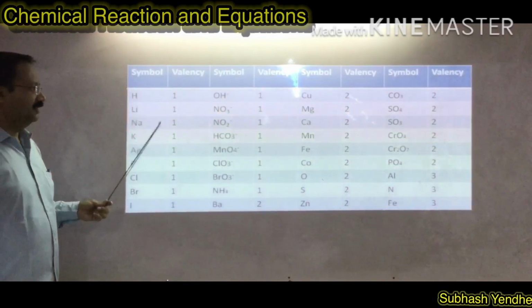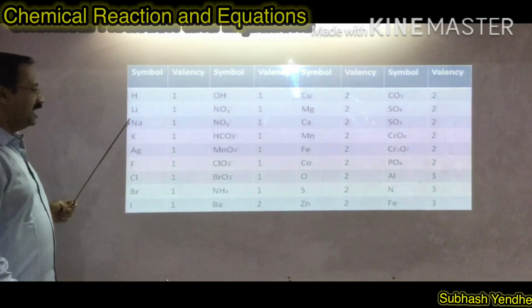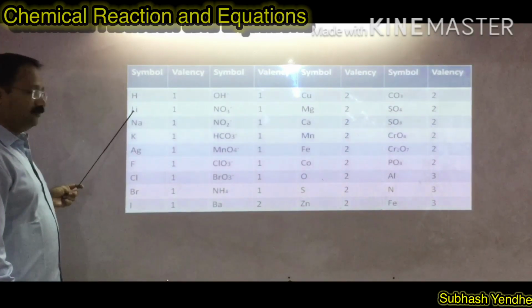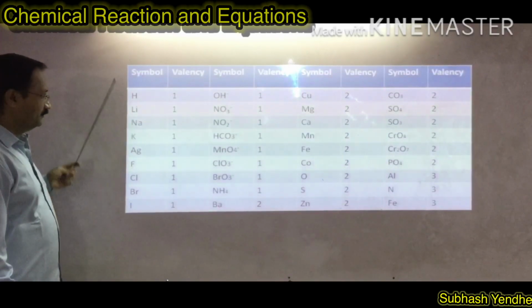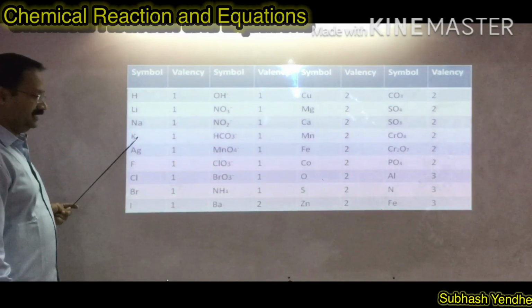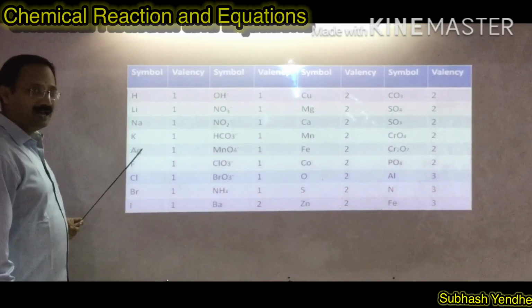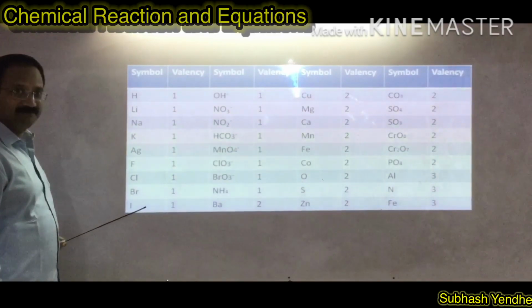So this is a fantastic idea to remember this. Ha, li, na, ki. Ha for hydrogen, li for lithium, na for sodium, k for potassium. Ag means what? Silver, so you have to remember Ag. Ag made a first class biryani item.